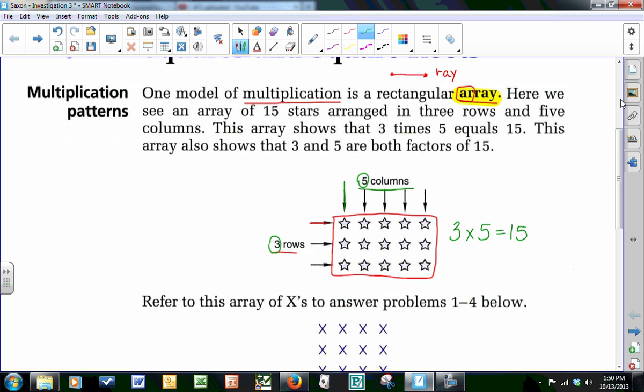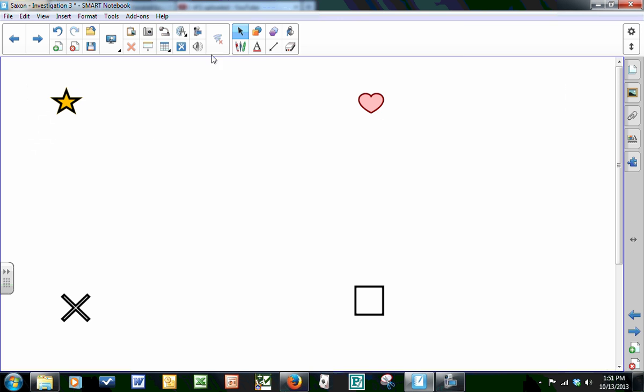Let me show you some more examples. Let me go to the next page. Here I have some others. Here's 1, 2, 3, 4, 5, 6. So here's another array of stars.